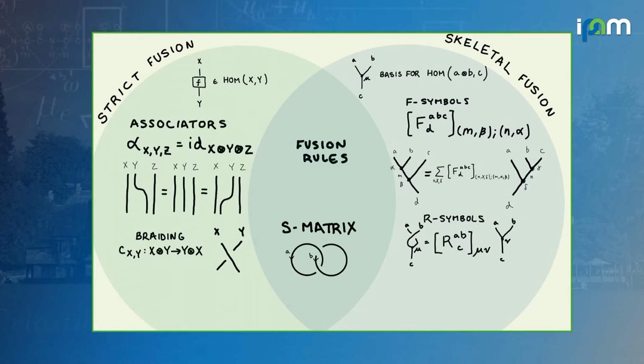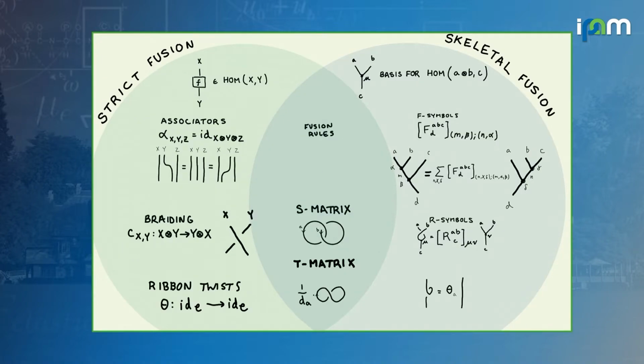We heard that we can build a modular category by starting with a fusion category and adding a braiding. Of course, we want that braiding to be non-degenerate, but we also need something else. And this last addition to the diagram is maybe a little iffy. You could argue about what I've written over here on the right side. This might make sense over on the left side as well.